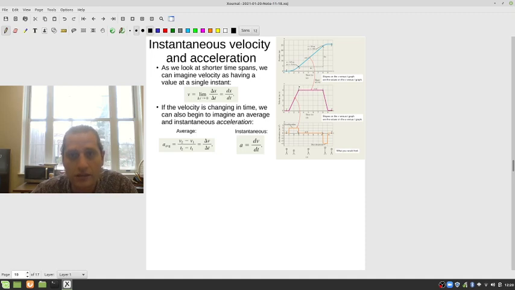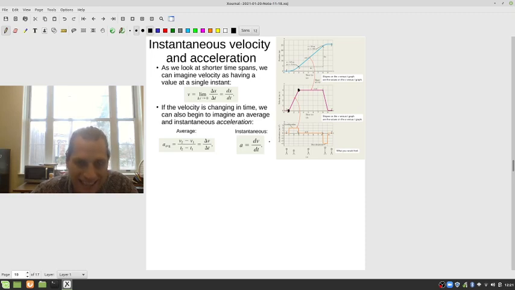If you want to find an average acceleration, you would take the speed at the end minus the speed at the beginning, divided by the time at the end minus the time at the beginning. Okay, that's exactly like before. We're just finding rates, and again, the same sort of idea.